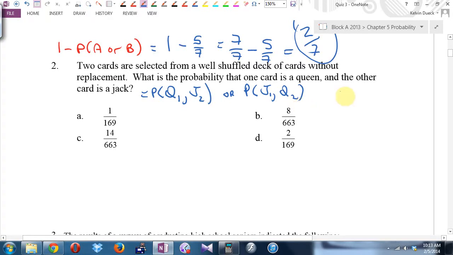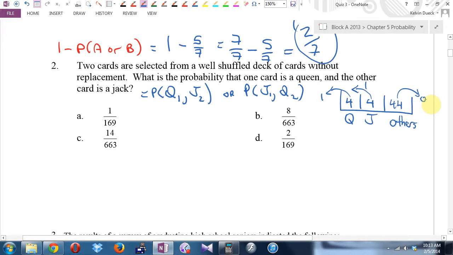Or the other way that you could do this is you could say this is going to be a bucket with queen, jack, and others, and you could say there's 4 queens, there's 4 jacks, 44 others. 1, 1, none. 4 choose 1, 4 choose 1, 44 choose none over 52 choose 2.